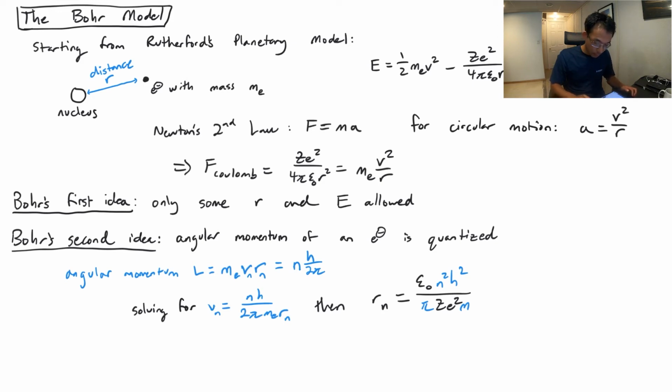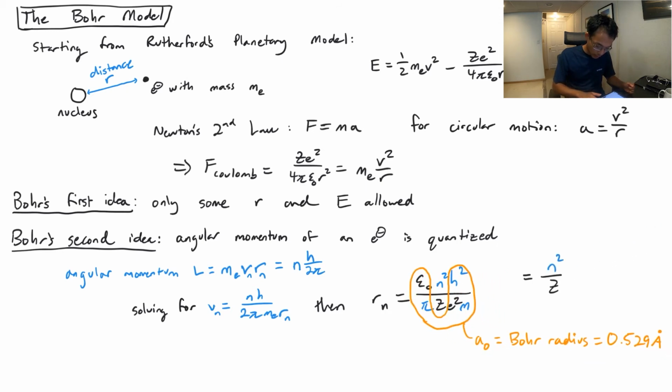And then finally, what Bohr did was to say, well, there's a bunch of constants in this equation, so let me pull all of those out and set that equal in the end to a naught. That's the Bohr radius. All of those constants multiply and divide out, and the total equals 0.529 angstroms, a value called the Bohr radius.